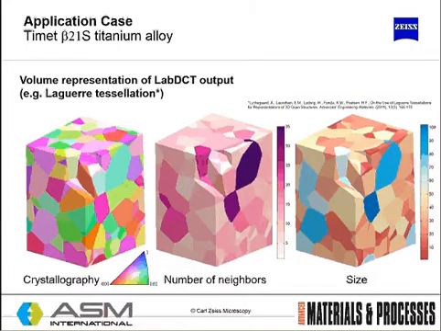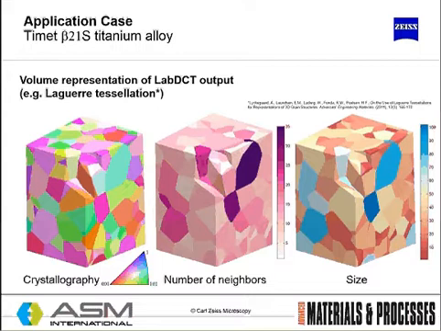So this is an example of a beta 21S titanium alloy. You can see that an EBSD-like crystallographic map has been determined in 3D, and although there is no chemical information there, you're able to identify the crystal structure within that sample.